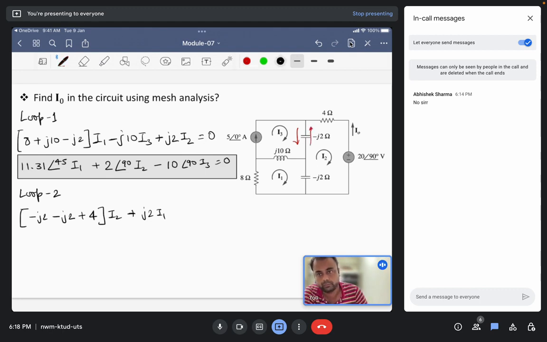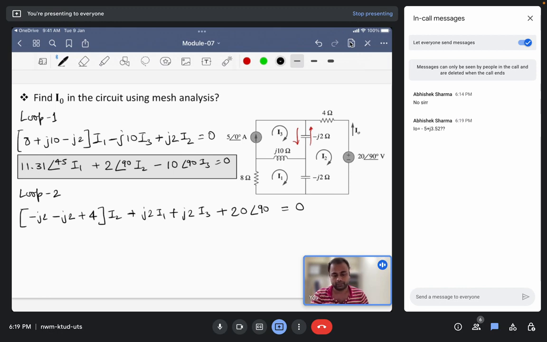So again we put a minus sign, and minus multiplied by minus becomes plus, so plus J2 times I3. Only current I2 flows through the 4 ohm resistor, so no component of current will be subtracted from that part. Also here we have a voltage source. The direction we are taking is clockwise, so this is going from positive to negative, so there will be a plus 20 angle 90 degrees, and this will be equal to 0.